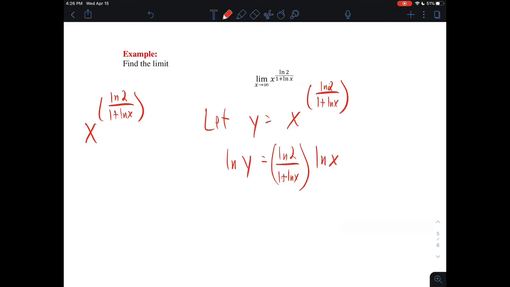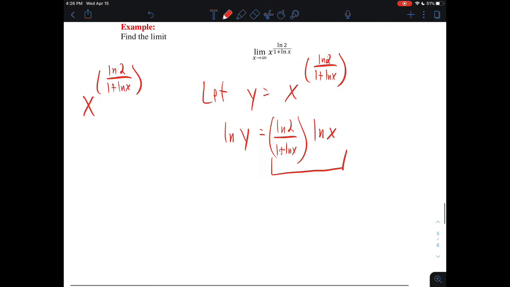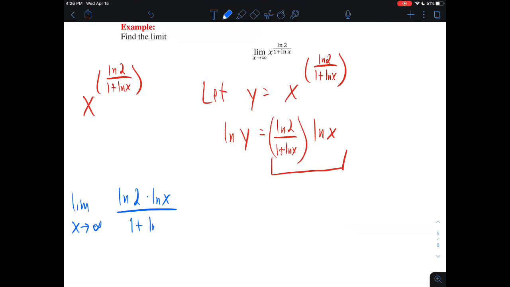Now what we're going to do is find the limit as x approaches infinity for this expression that I've just ended up with, and then trace that back to what that means about the original expression. So let's consider the limit as x approaches infinity of natural log of 2, and I might as well multiply these two things, times the natural log of x divided by 1 plus the natural log of x.